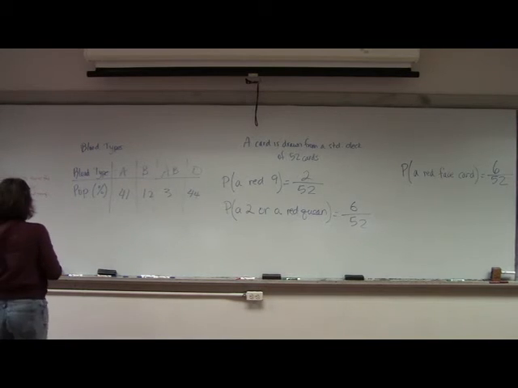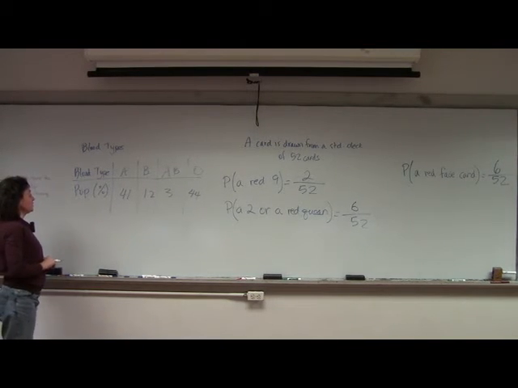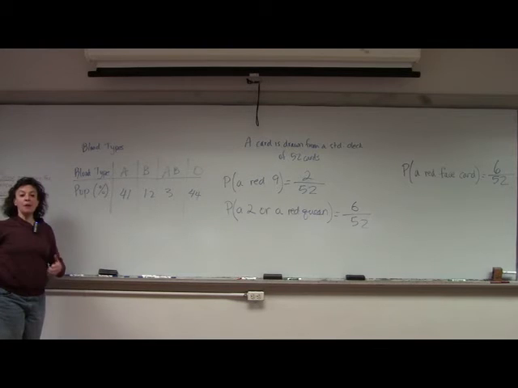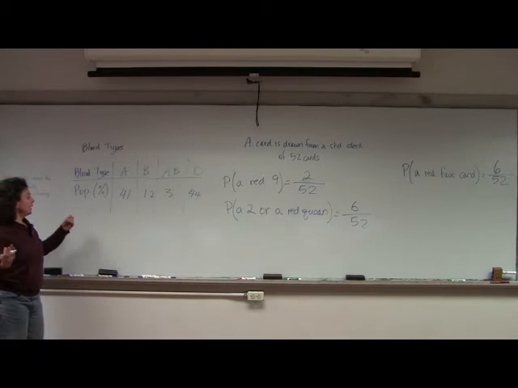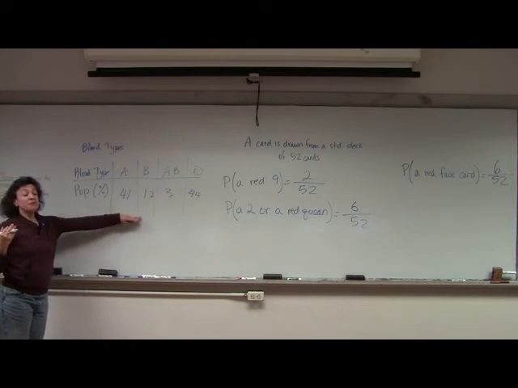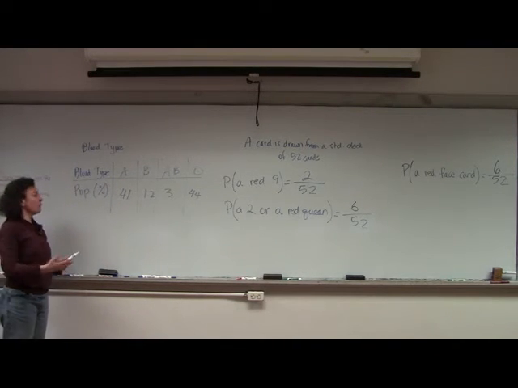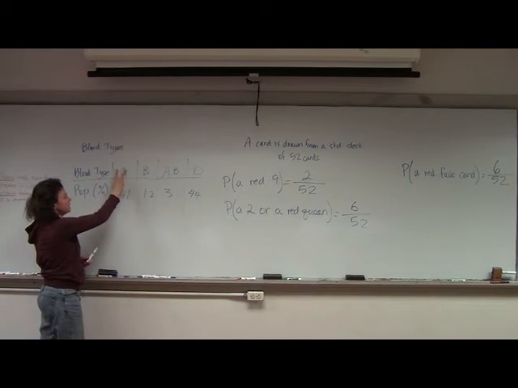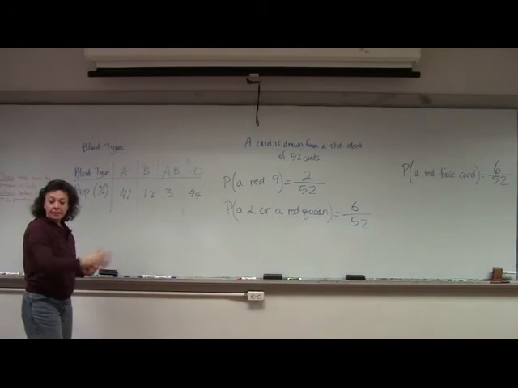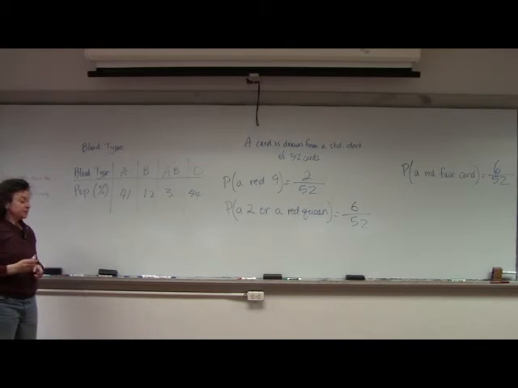Okay, so what they want us to do is give the probability distribution. In other words, figure out the probability that a randomly selected person from this population has a blood type of A. And again, for each of these members.